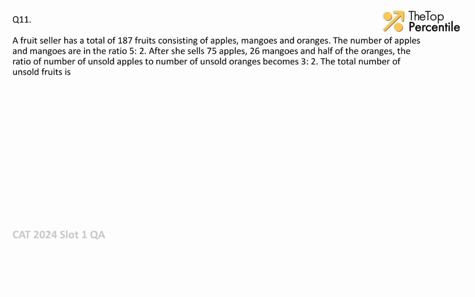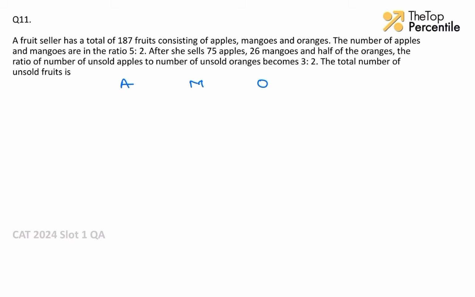The question says a fruit seller has a total of 187 fruits consisting of apples, mangoes, and oranges. The number of apples and mangoes are in the ratio of 5:2. Let me first record these statements. So I have apples, mangoes, and oranges.